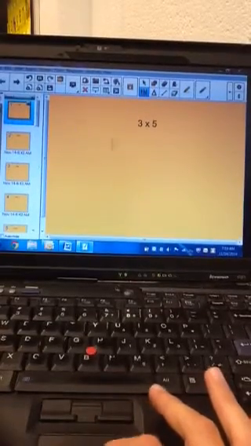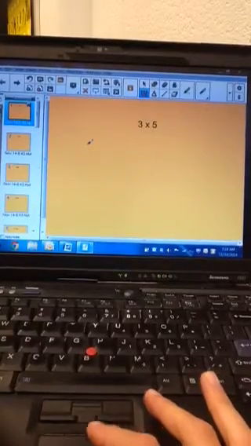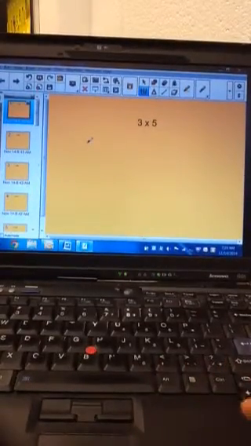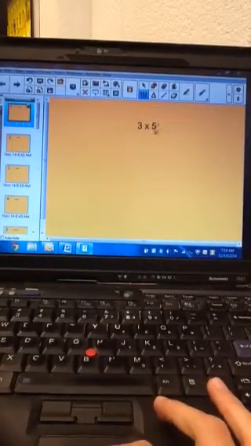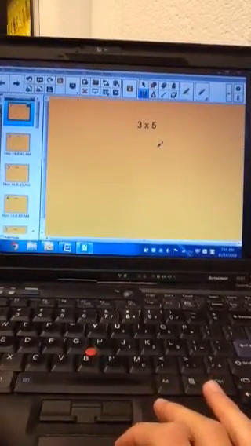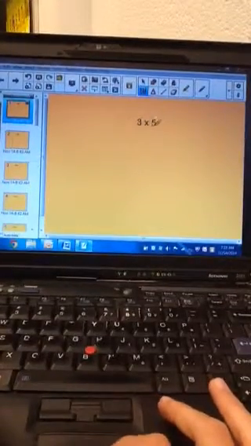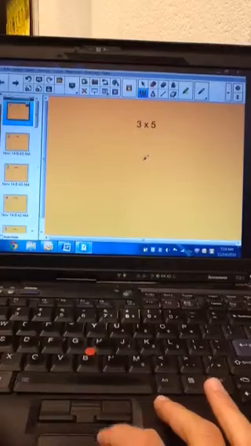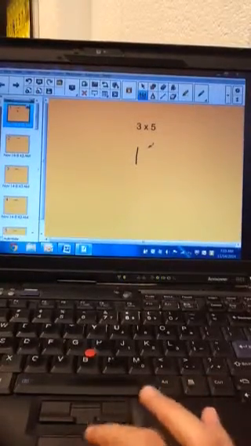We could draw a picture where we had 3 circles with 5 in each. We could skip count 5, 10, 15, or we could do repeated addition, 5 plus 5 plus 5. So some of these harder problems you may have to do that. But when we solve 5 times 3, we know that the answer is 15.